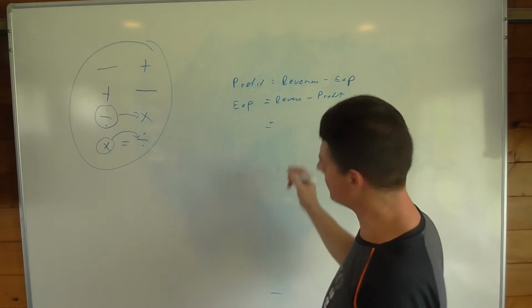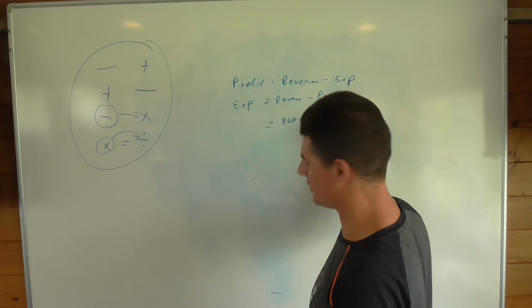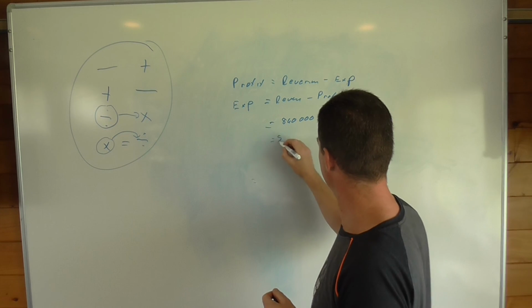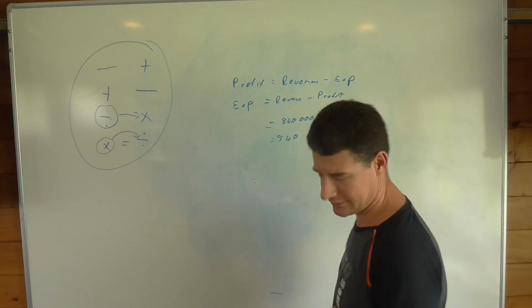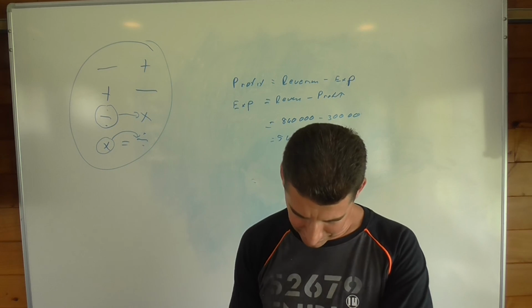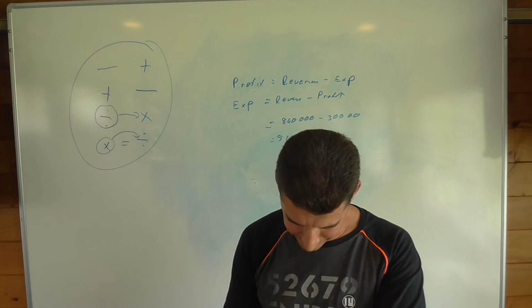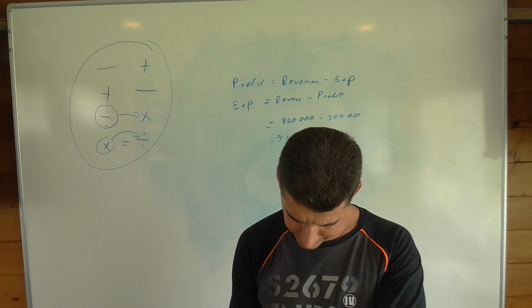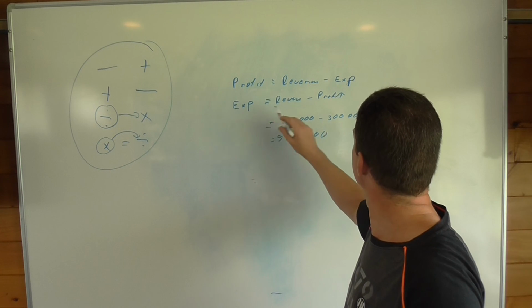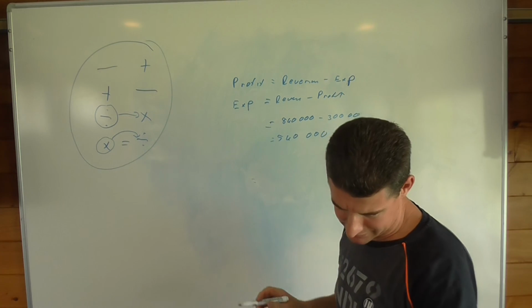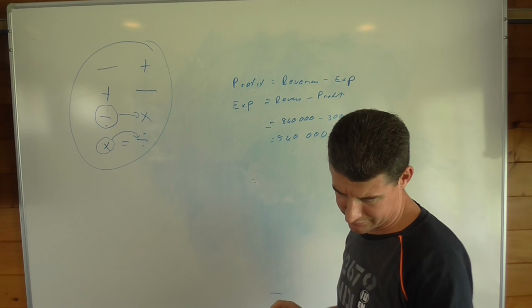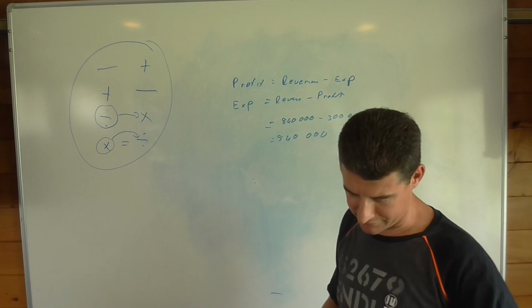So then they give us the revenue, so that's 840,000 minus 300,000. And that gives you 540,000. Just want to double check that I did that right. So profit is revenue minus expenses. Yeah, so expenses plus profit is your revenue. Yeah, so expenses, revenue minus profit, yes.